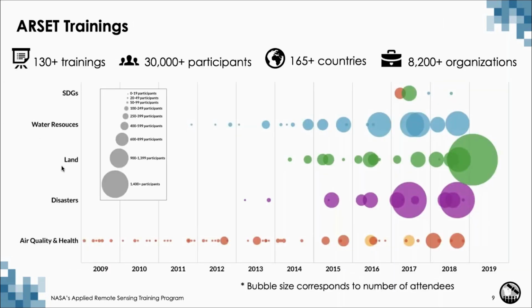As you can see here, RSET is now a little more than 10 years old and has conducted 130 plus trainings, trained 30,000 plus participants in 165 plus countries, and has reached more than 8,200 organizations. As you can see from these bubbles, different trainings have grown over the years.